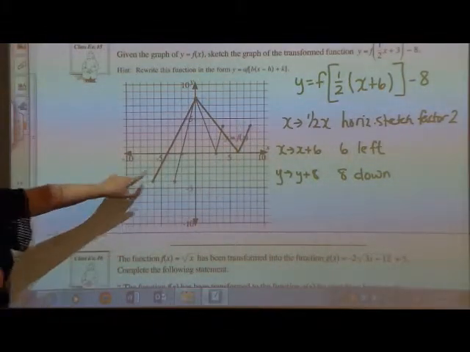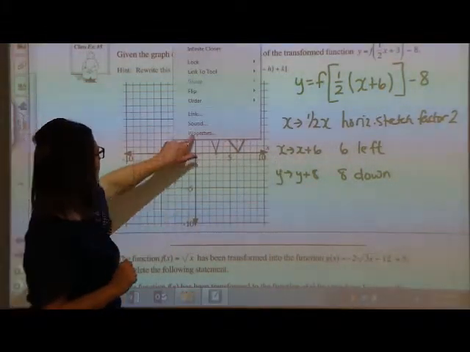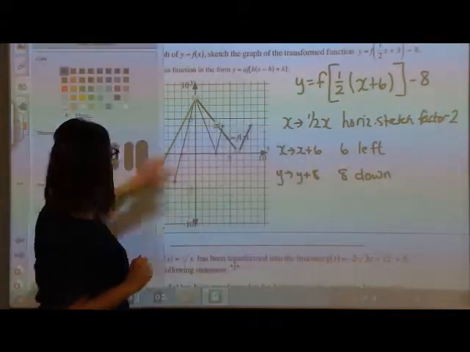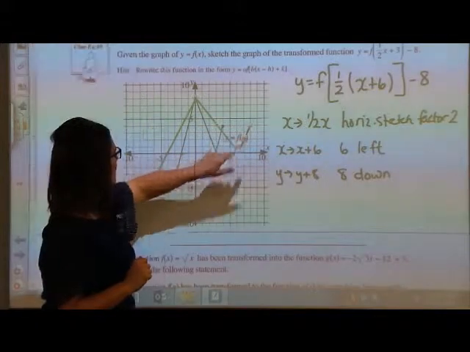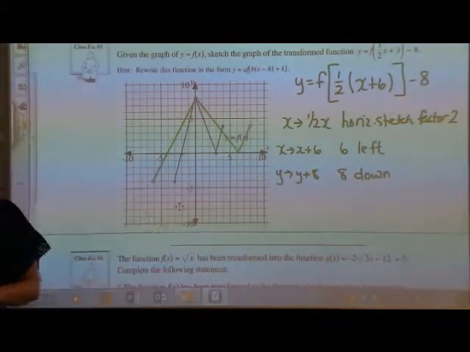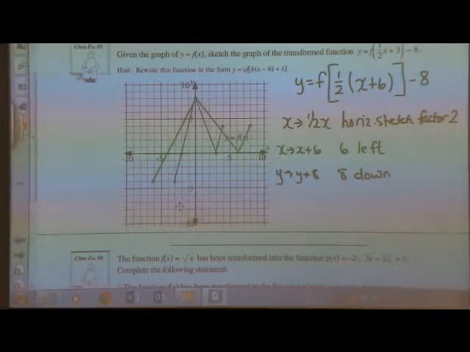I'll do that one in a different color, green. So there's my stretched graph.